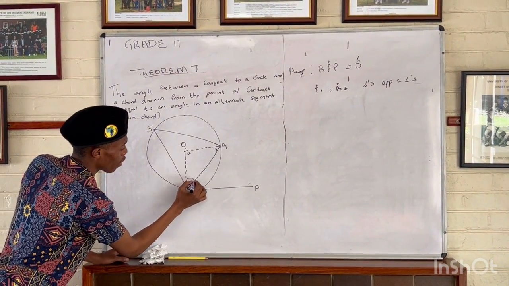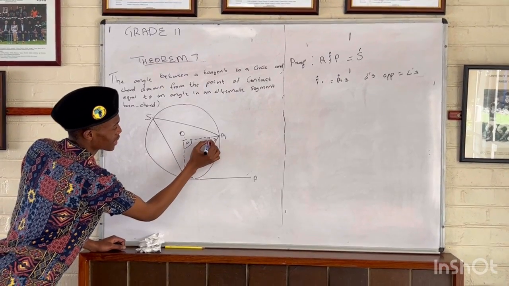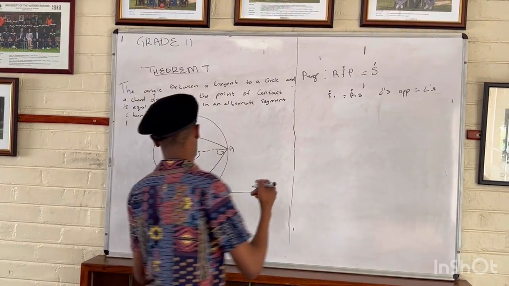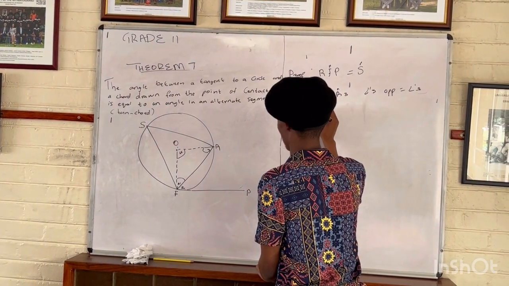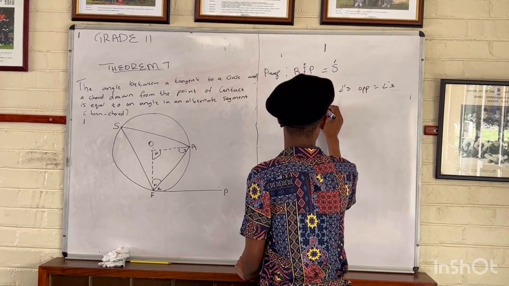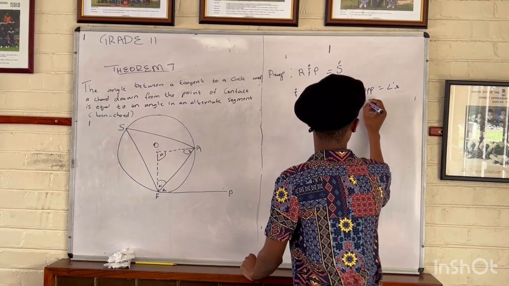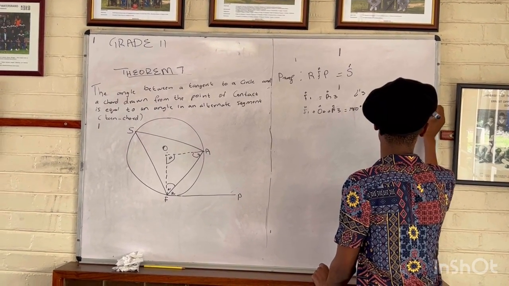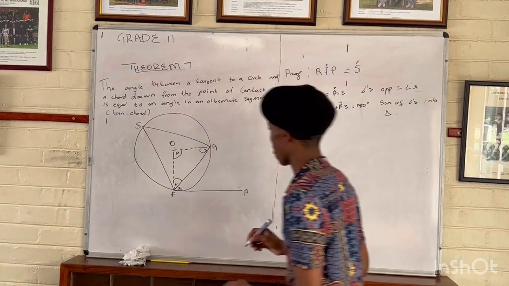So angle F1 plus angle O4 plus angle R3 is equal to 180, sum of angles in a triangle.